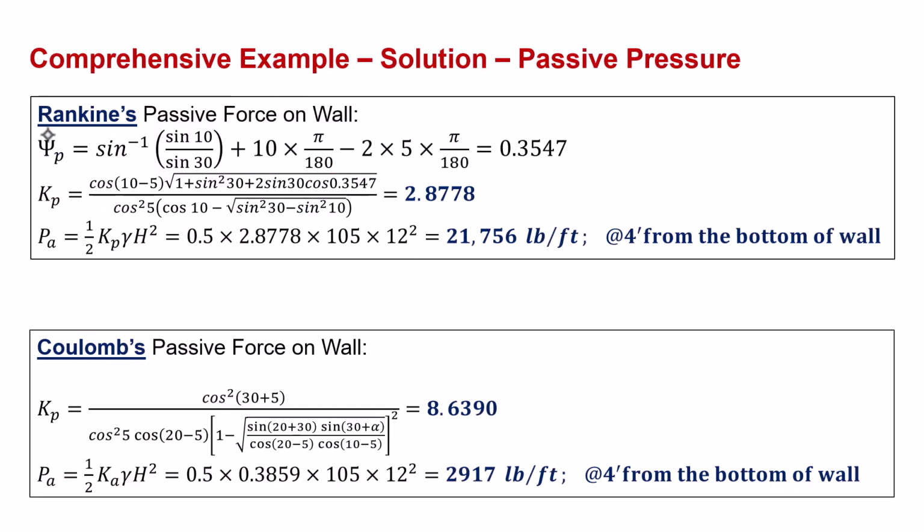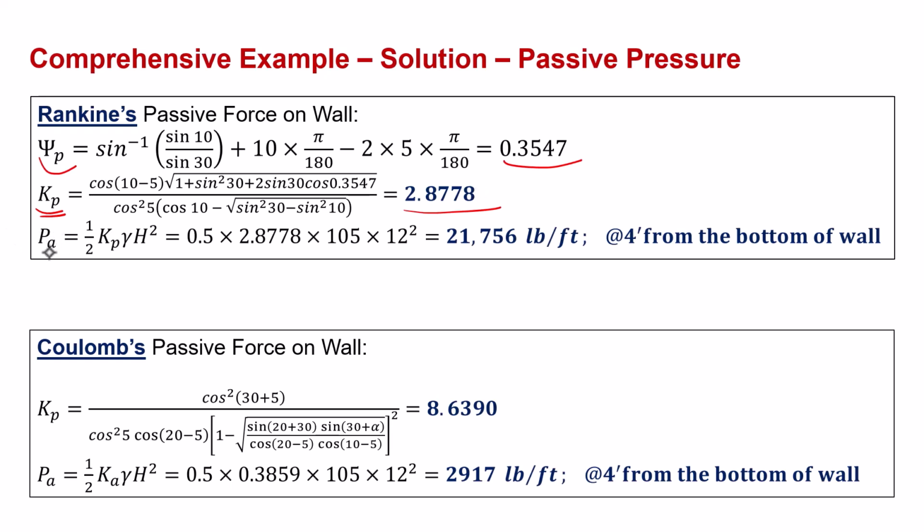For Rankine's theory, you should find psi p again in radians, and if you find Kp, it would be definitely a larger value compared to Ka and K0, and it would be 2.8778.